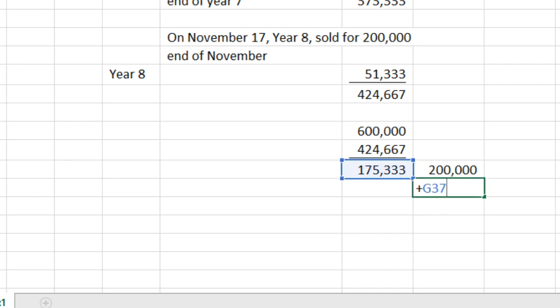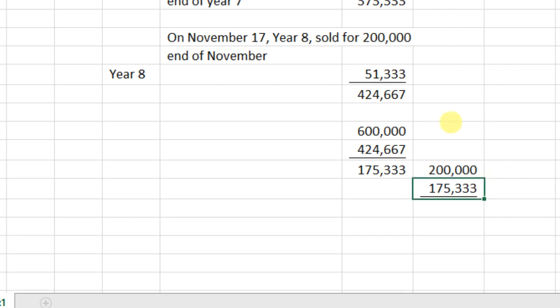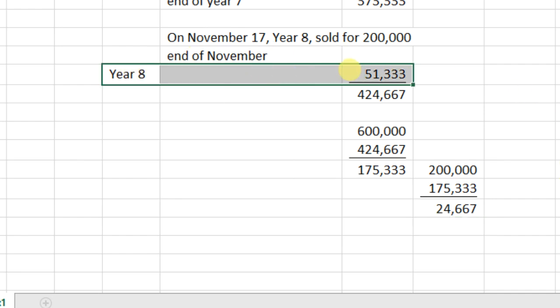So let's find out how much that gain is. I'm going to take the selling price, I'm going to subtract the book value, and we have a calculated gain of $24,667. So let's do our journal entries. And as we were talking about near the beginning of this video, this is a calculated amount for depreciation.